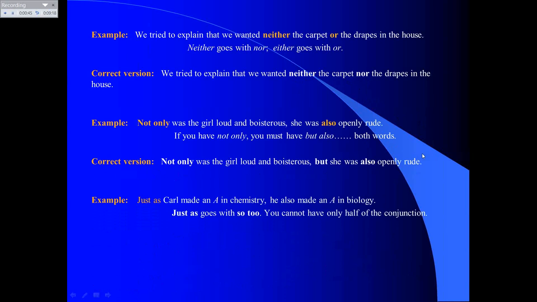Here's the just as, so too one. Just as Carl made an A in his chemistry, he also made an A in biology. That's not right. It's just as and so too. So we would say, just as Carl made an A in chemistry, so too did he make an A in biology. Now, excuse my coughing.